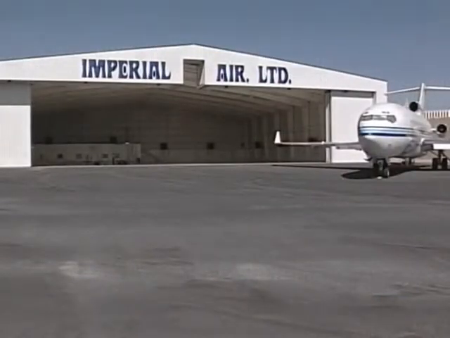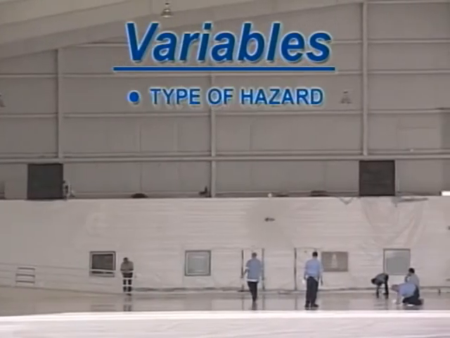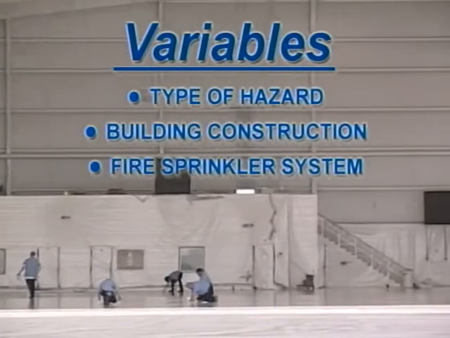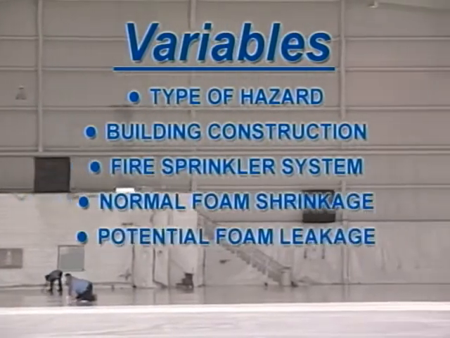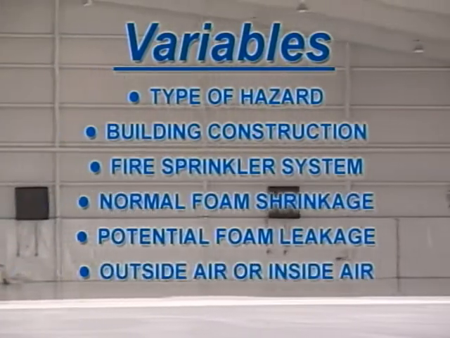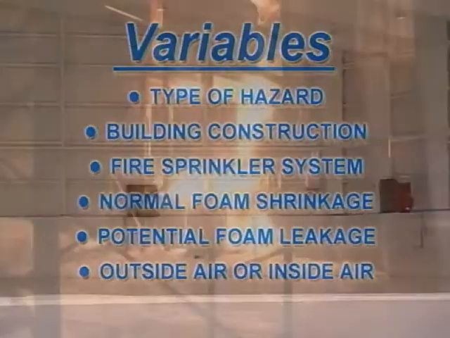The calculations are based on a number of variables: type of hazard, building construction, presence of a sprinkler system, normal foam shrinkage, and potential foam leakage, and whether outside air or inside air would be used to expand the foam.